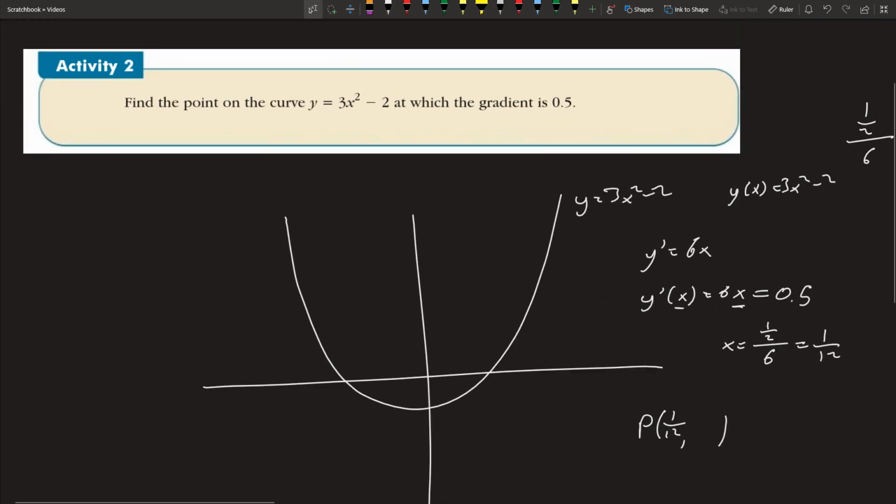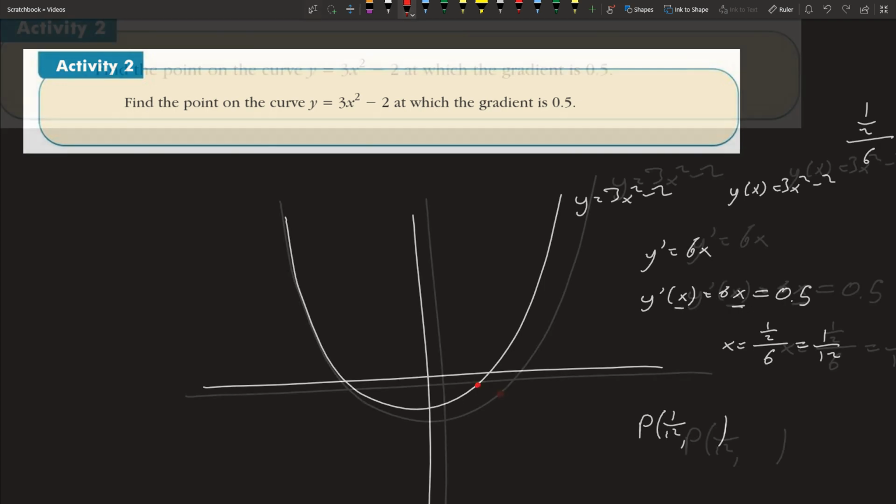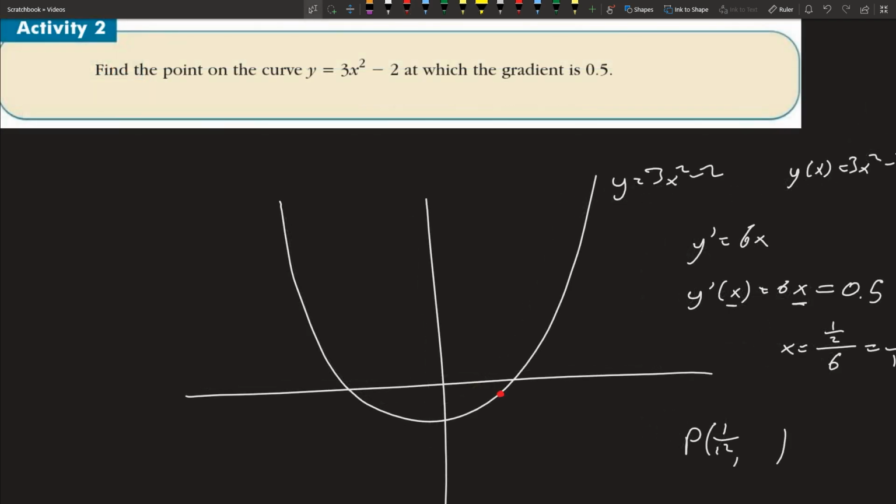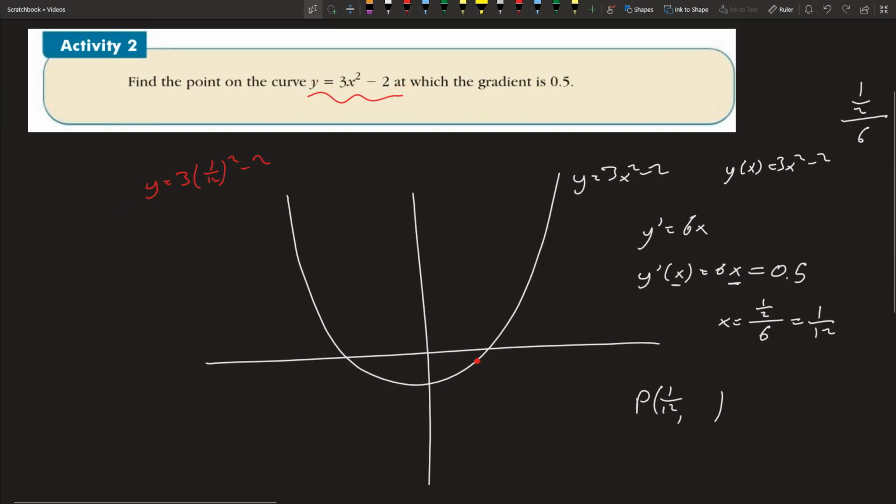Now, we know that this point lies on the curve, right? Such that we have, for example, x is here, it's 1 over 12. Now the y is just what you get when you substitute into this function, right? So y, in this case, is equal to 3 times 1 over 12 squared minus 2.